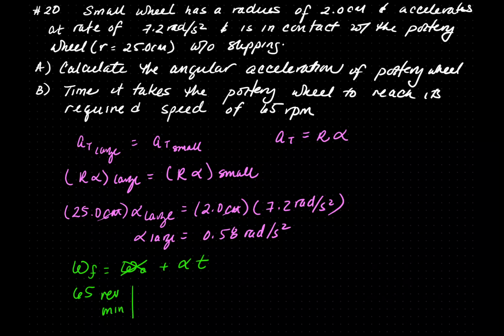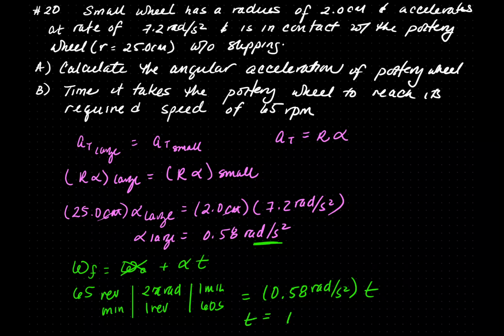I need to convert that because the alpha is in radians per second and the time is in seconds. So 1 rev is equal to 2 pi radians, 1 minute is equal to 60 seconds. This is equal to the angular acceleration we solved in part A times the time. Solving for time, you should get approximately 12 seconds.